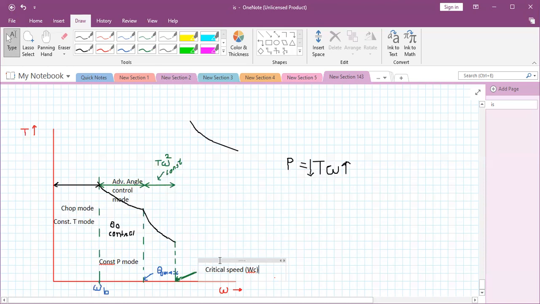So this particular point is the critical speed omega c. Beyond this, we are not going to allow the motor to increase the speed. This is omega c.